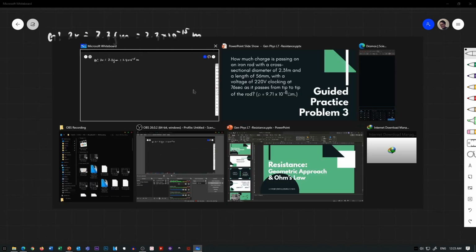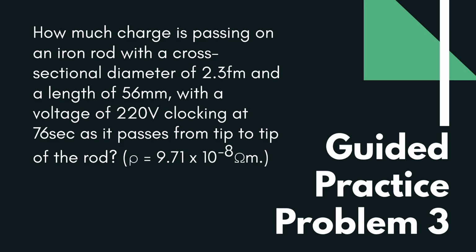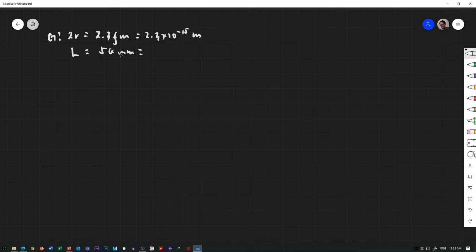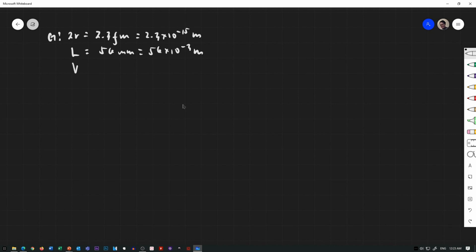Okay, and then we have length, which is 56 millimeters, is equal to 56 times 10 raised to negative 3 meters. Okay, we have voltage, which is 220 volts.